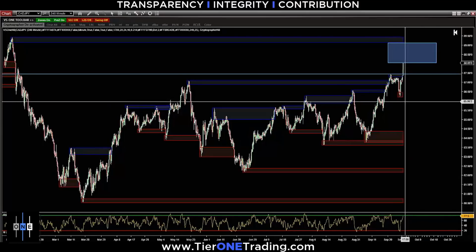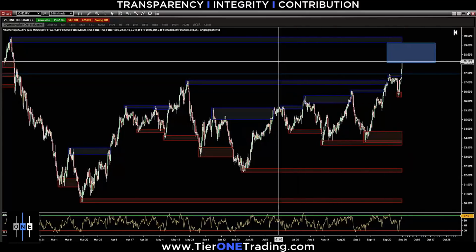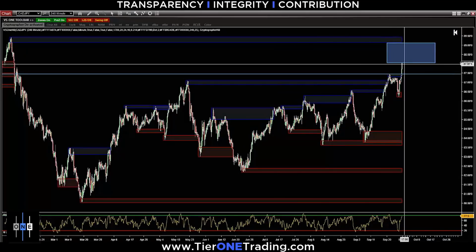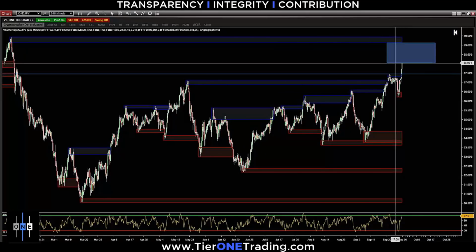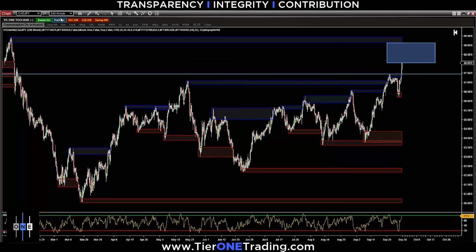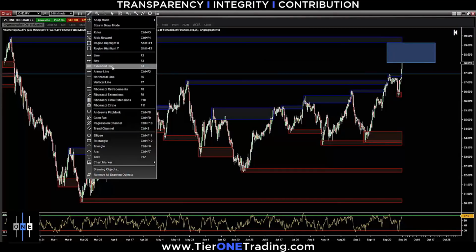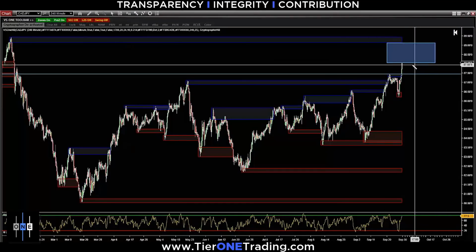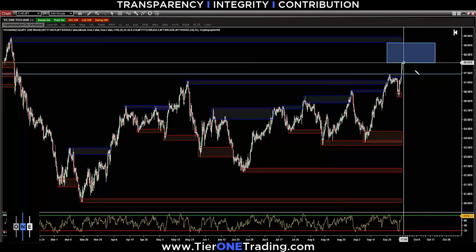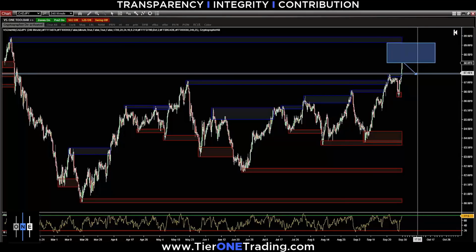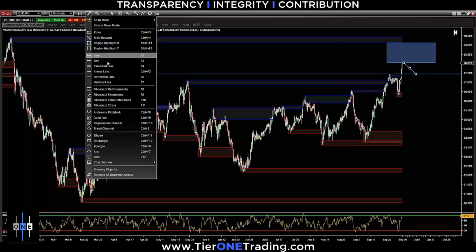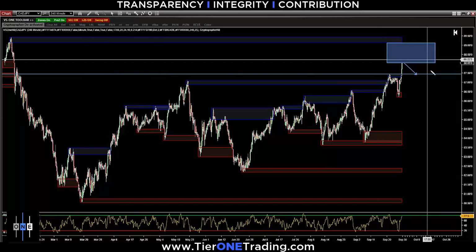For a swing trader, there's still opportunity as well. It's going to be a little bit different. I'm not particularly interested in buying right here because there's really no place I can be safe with stops. So what I would be looking for from a higher time frame perspective is some type of retracement and then looking for a continuation up. And it may not just be a retracement. We don't know what's going to happen until it happens.